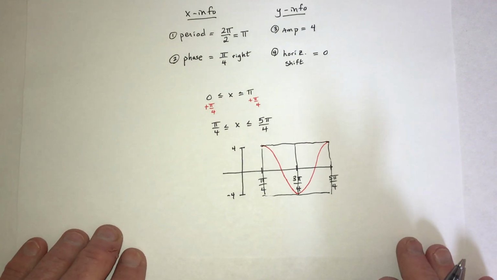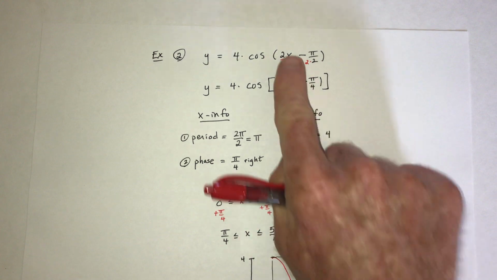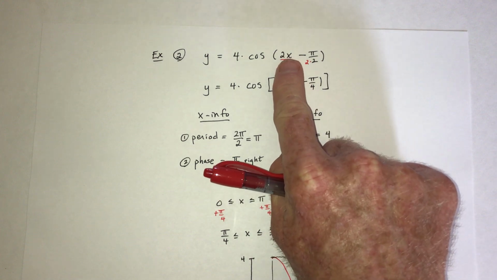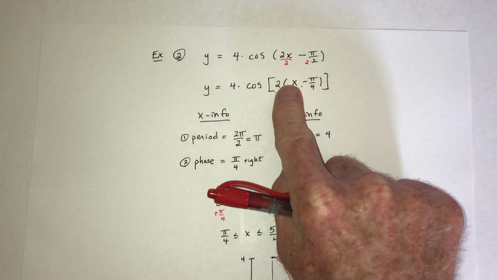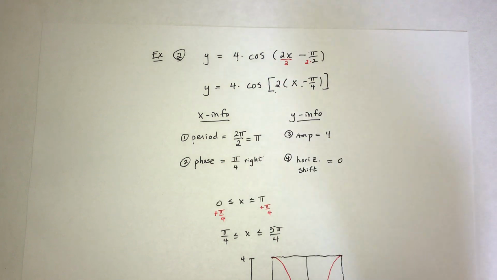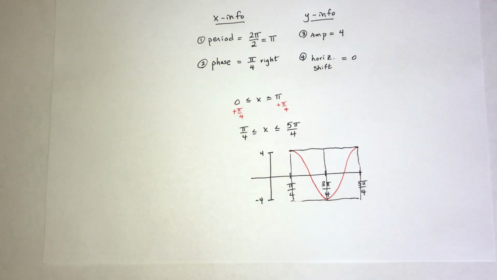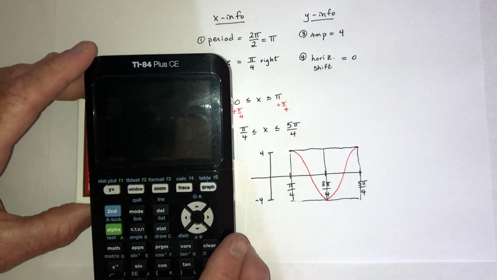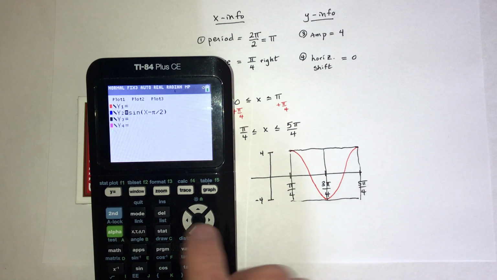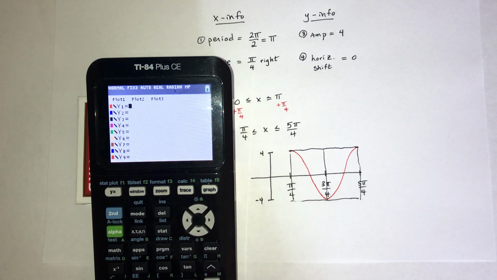So now use the graphing calculator, and when you use the graphing calculator, make sure you graph the original problem exactly as it was before you did anything to it. So let's see, y equals, let me clear out this one, and then this one is 4 cosine 2x minus pi over 2, was the original problem.